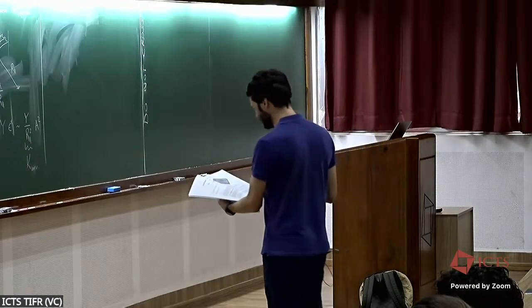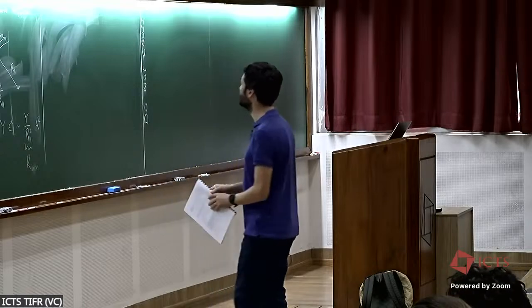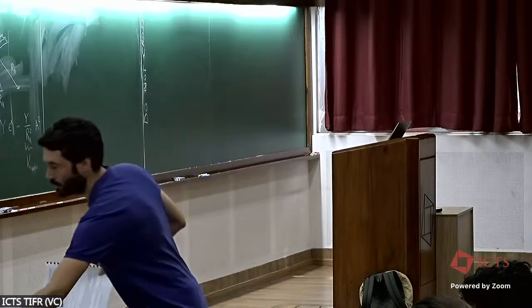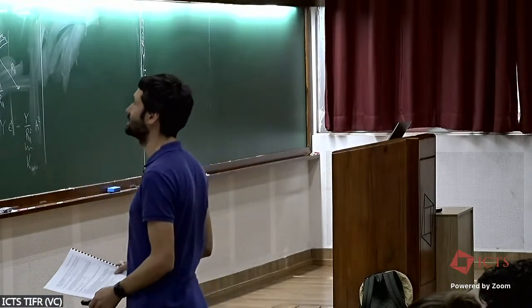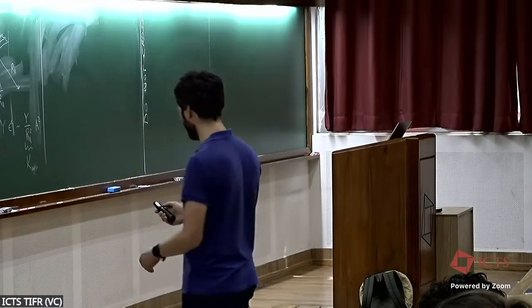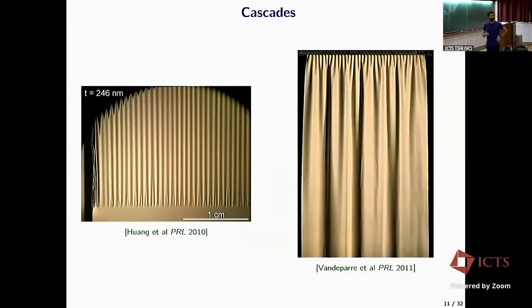Okay, maybe I'll try to discuss cascades to finish. So cascades are a bit different. Cascades are change of wavelength as a function of the direction along the wrinkle. Okay, so what you see here is a sheet on a liquid, and I didn't tell you what happens at the edge of the sheet.